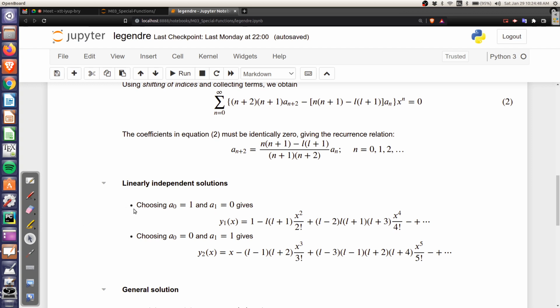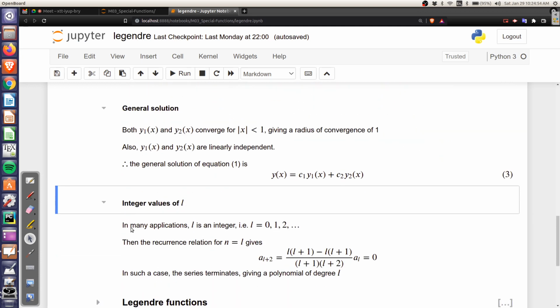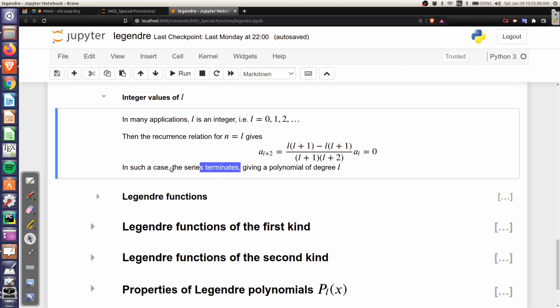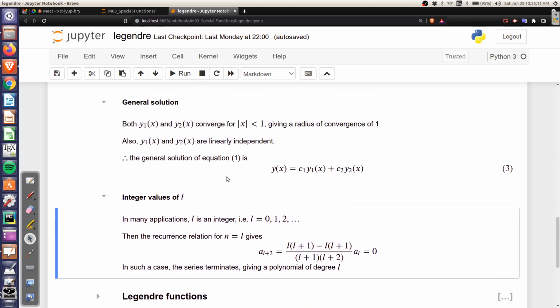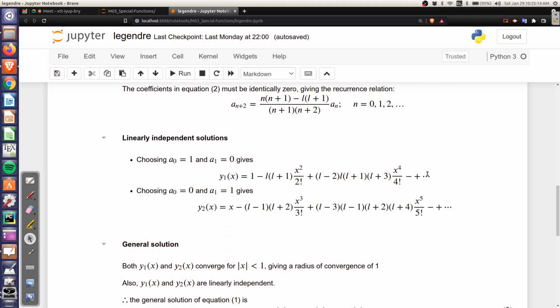So when we consider L to take integer values, then depending on whether L is even or odd, the series is going to terminate. Either y1 or y2 will terminate, and it is going to give us a polynomial of degree L. As long as L is real valued, y1 and y2 are both infinite series.